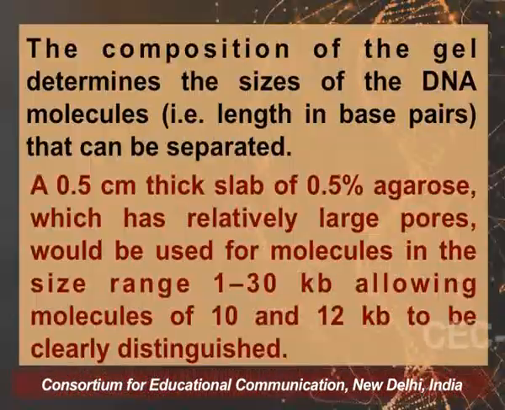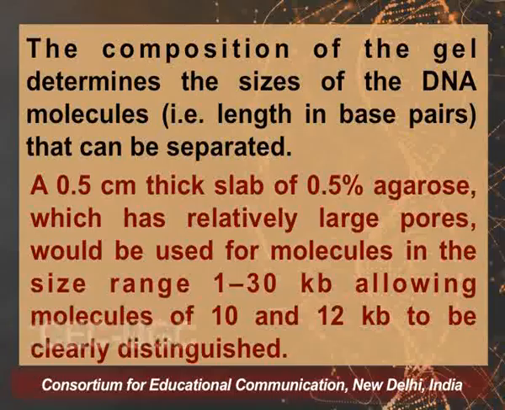Now, the composition of the gel determines the sizes of the DNA molecule, that is the length in base pairs, that can be separated. Again, this is a very important aspect because DNA is of varying sizes. If we look at plasmid DNA, when we talked about cloning vectors, the plasmid DNA ranged in size from as small as 500, 600, 2000 base pairs.